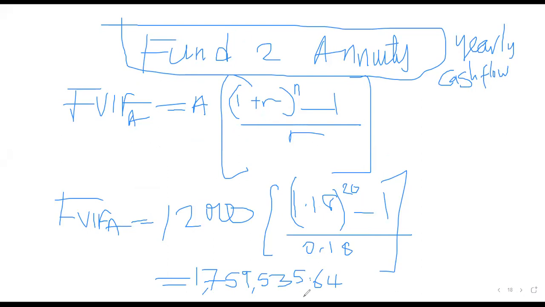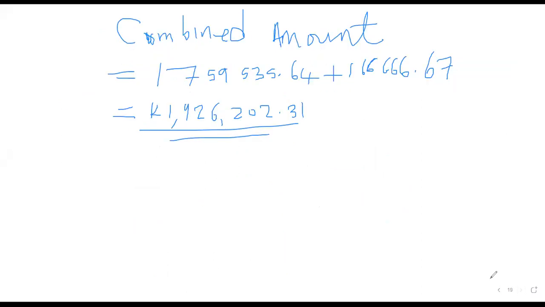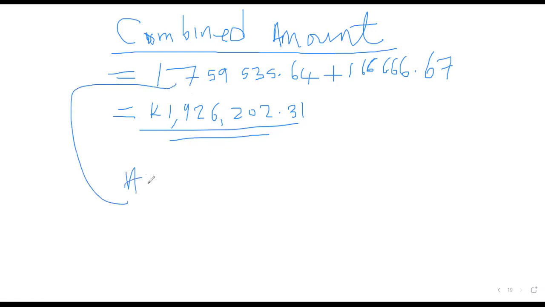The combined amount will give us that one. This one is for perpetuity. This one is for annuity. And then this is for perpetuity.